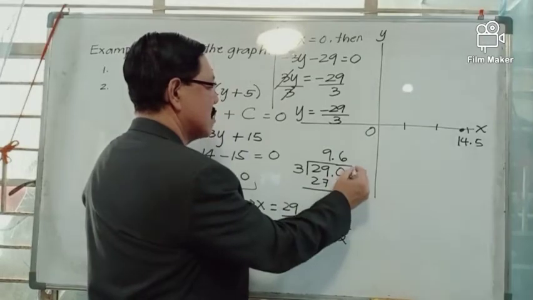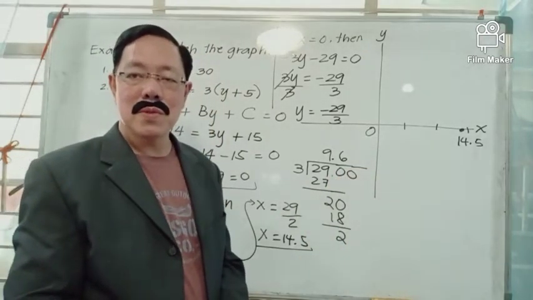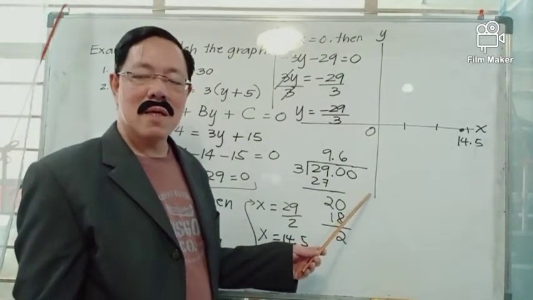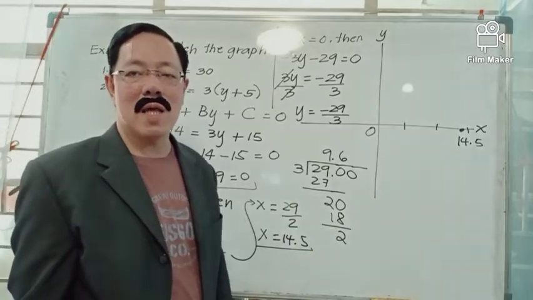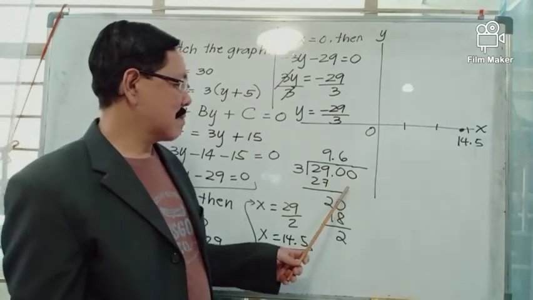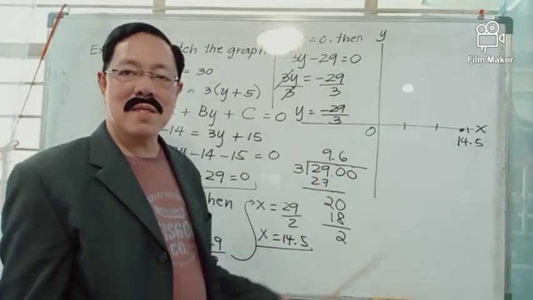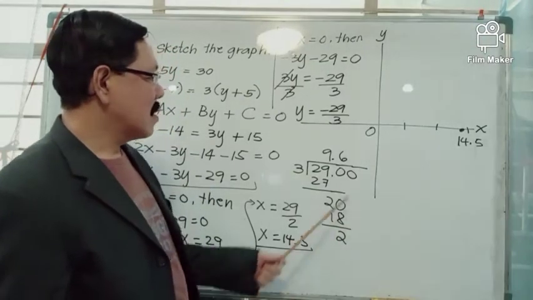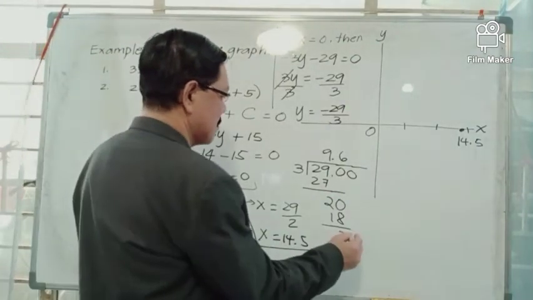We add another 0. If you want your answer to 2 decimal places, you divide up to 3 decimal places and you round the third decimal digit to give the answer to 2 decimal places. So we will divide 29 up to 3 decimal places and then we will round it off to 2 decimal places. We added a second 0, bring down 0.